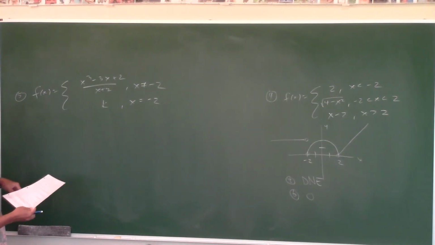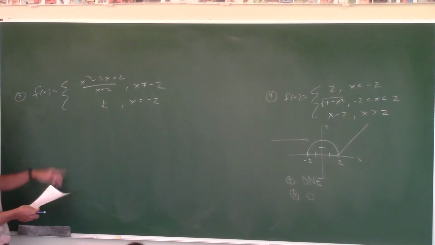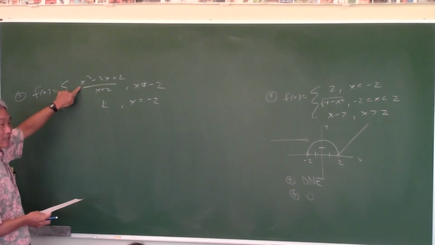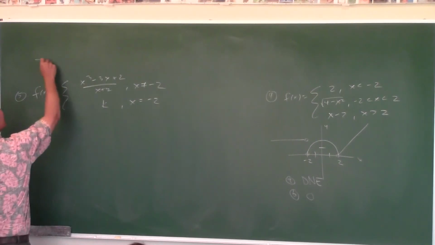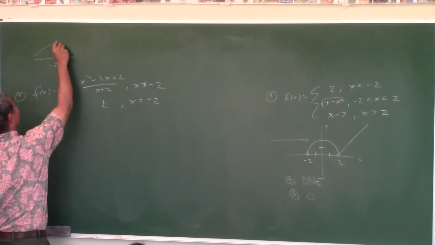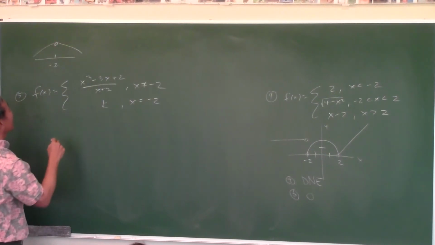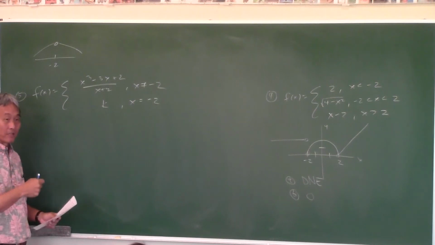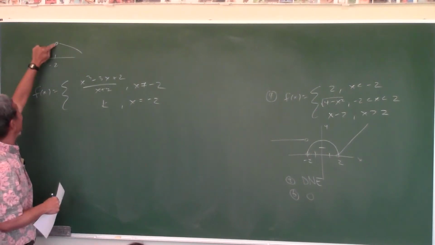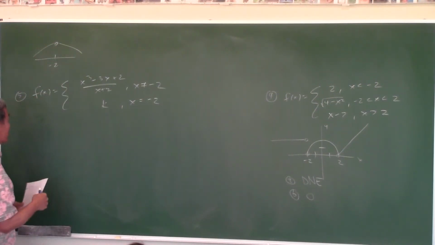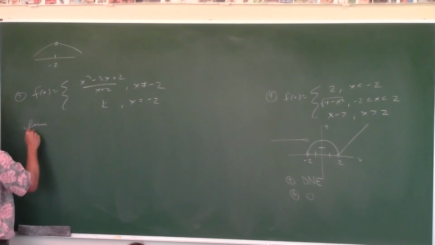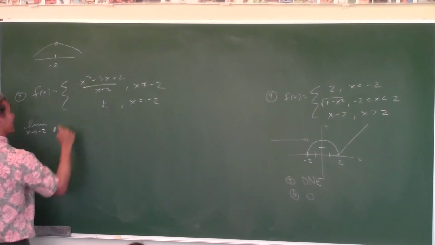So, what do I have to do? You compute the limit of this thing as x approaches -2, because if you compute the limit, it's going to give you the y-coordinate of that removable discontinuity, right? And then if you just fill it in, then it becomes continuous. So we need to find the limit as x approaches -2 of that.